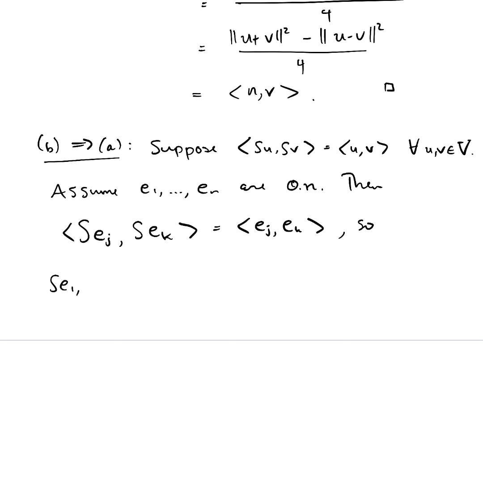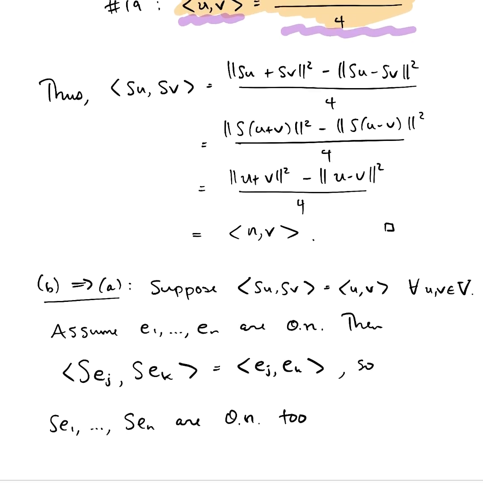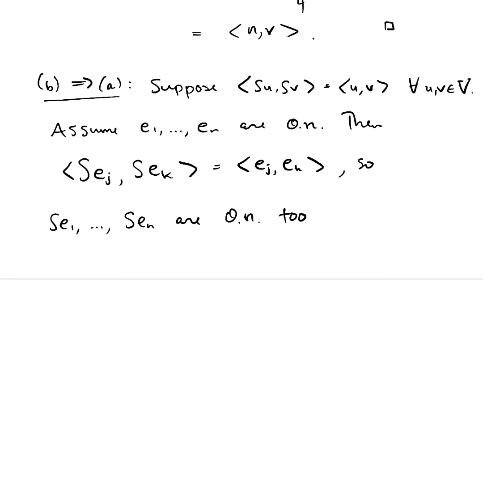So SE1 through SEn are orthonormal too. So once you know that an operator preserves inner products, then it has to preserve orthonormality. Oh, why did I write B implies A up there? This is B implies C.